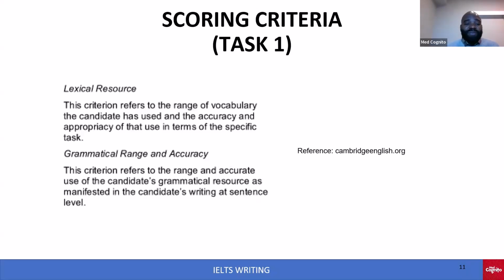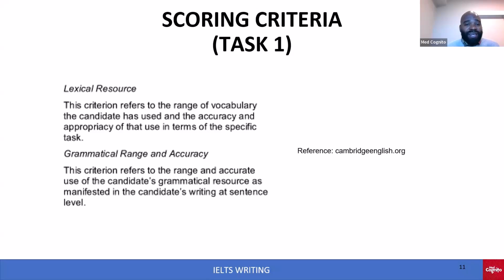Lexical resources, range of vocabulary the candidate has used, and the accuracy and appropriacy of that use in terms of the specific task. And so you'd have to use a wide range of vocabulary in describing the graph or the table, whatever has been given to you. You would have to use it appropriately and as accurately as possible.